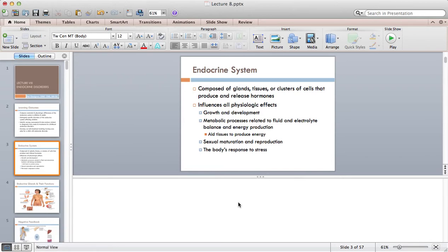The individual or body will perceive a stressful situation. The body will send that message to the brain, and that will trigger the production of the hormone that will determine how you respond to that stressful event.